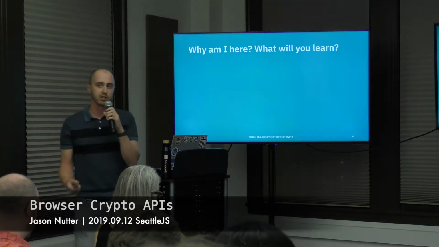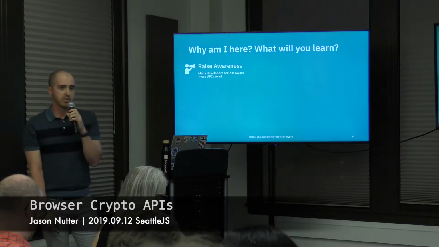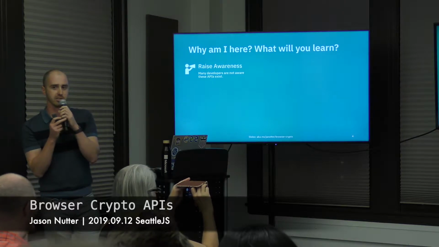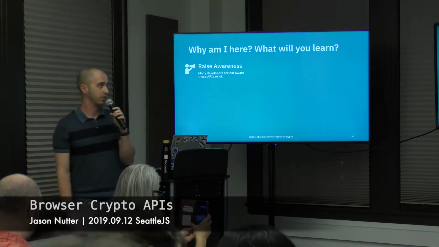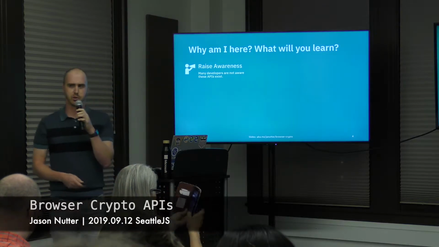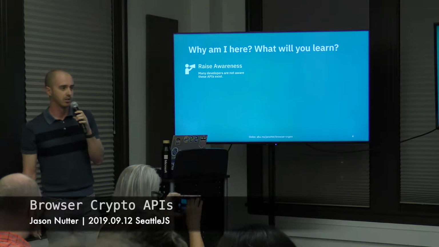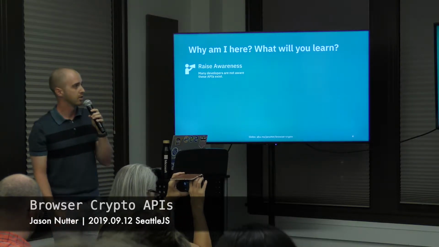So why am I here, and what are you going to learn? First is to raise awareness. When I first started working on these APIs, I did not know they existed. I've been doing web development in JavaScript for a long time, so I was surprised at that. I talked to a bunch of other developers I know who were also very experienced, and they also didn't know about them, let alone have used them before. So I wanted to get more people aware of their existence.